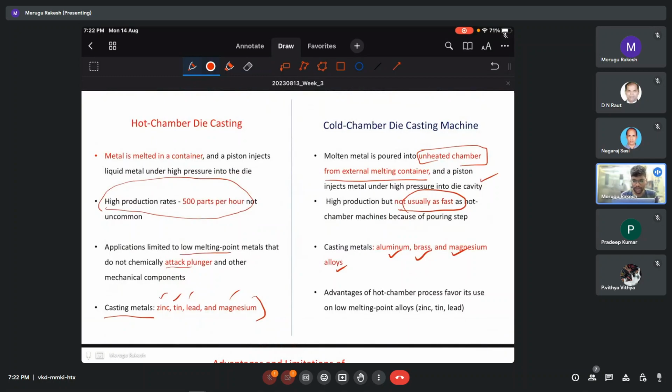Okay, low melting point metals. This maybe 600 for brass and then magnesium is around some 470. So always we do it for low melting point materials only, using some 420 tin, some 200 to 300, magnesium around 470.